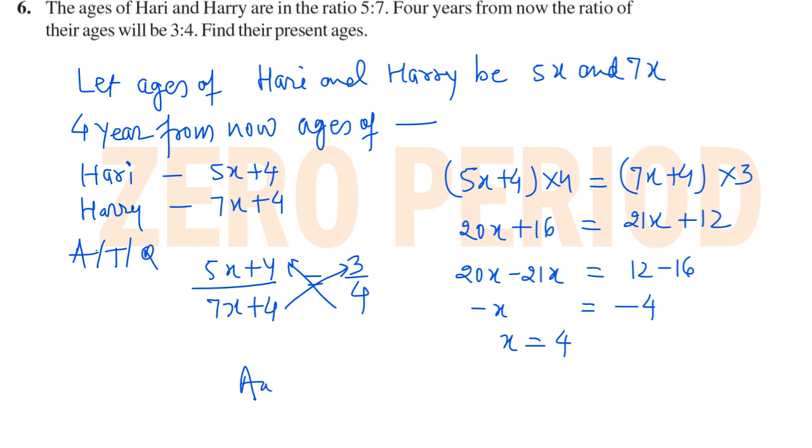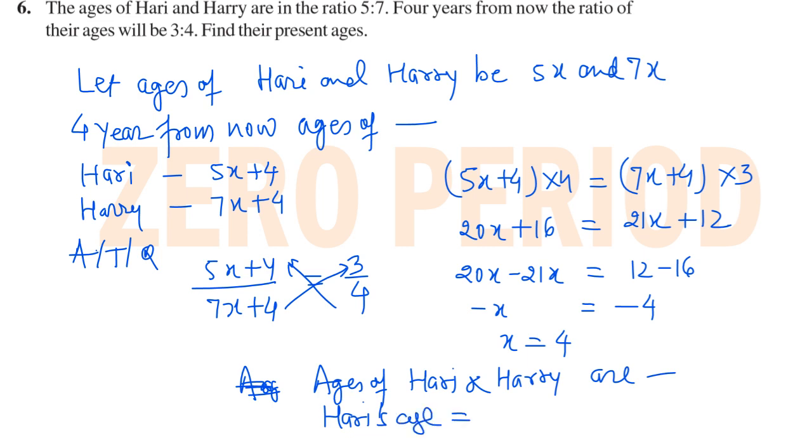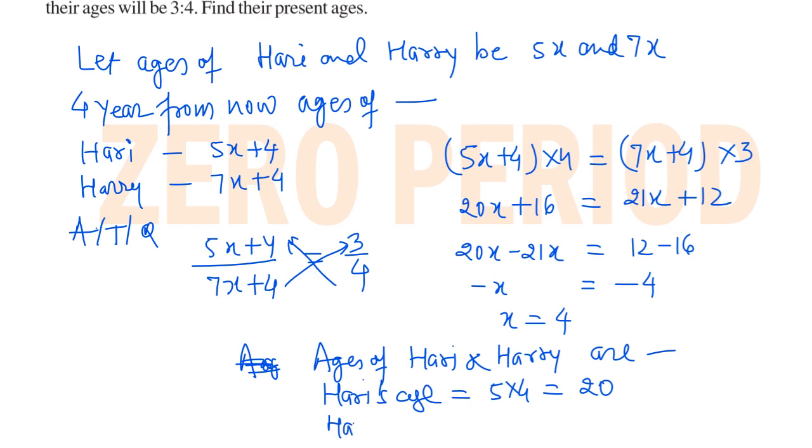So finally, ages of Hari and Harry are: Hari's age is 5x, so 5 into 4, that is 20, and Harry's age is 7x, so 7 into 4, that is 28, and write there years because the unit of age is year.